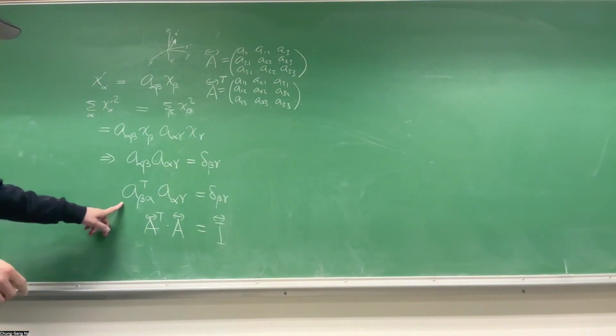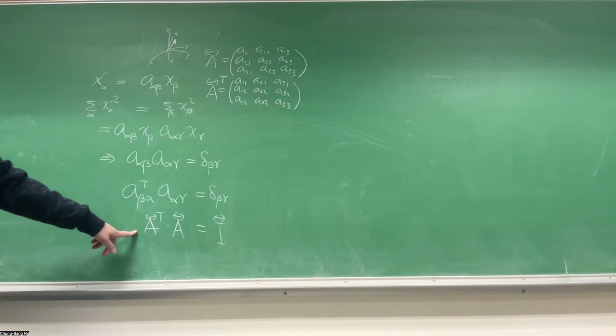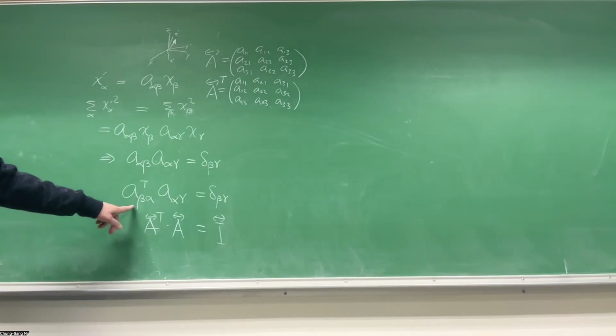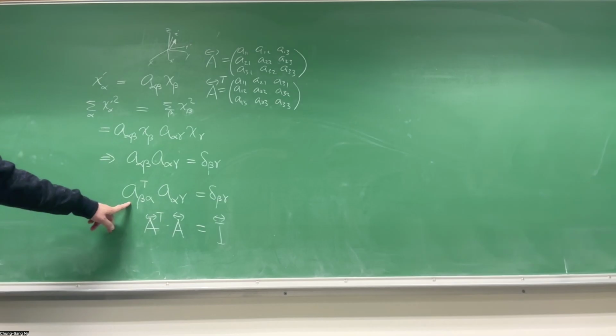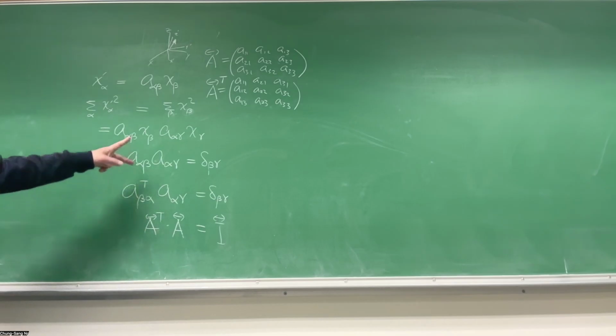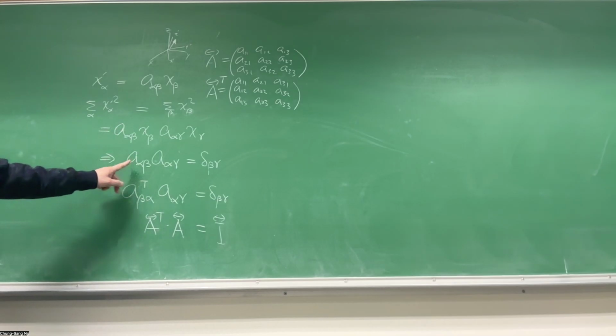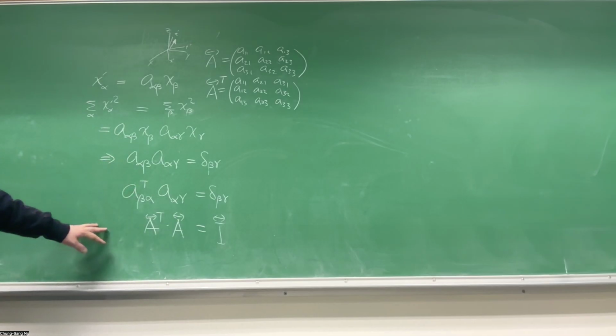But as per this equation, the A alpha beta is equal to the transpose of A. This equals that? No, you interchange the indices. This is alpha beta, this is beta alpha. By definition, in index form, the transpose just means you exchange the indices.